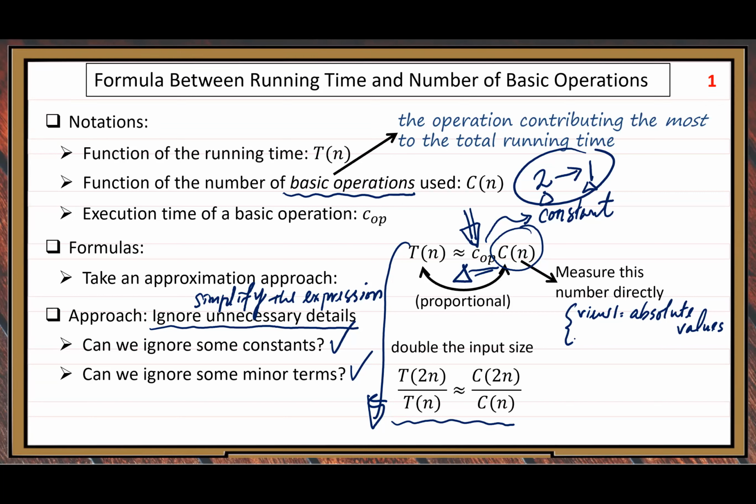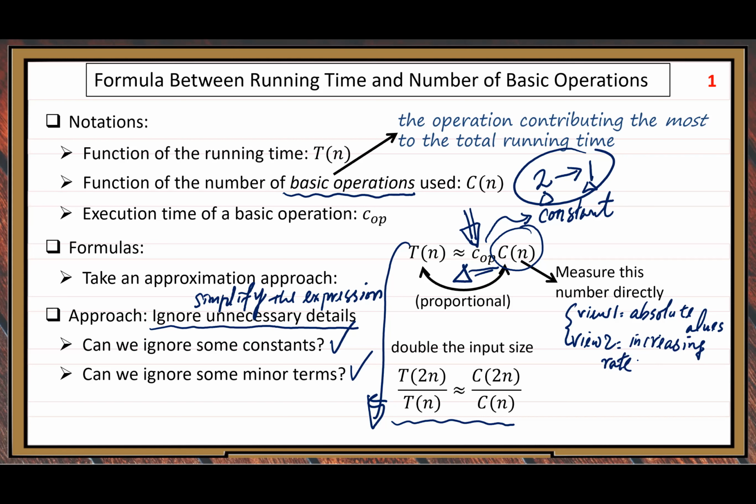View two is not absolute values, but the increasing rate, as a ratio.